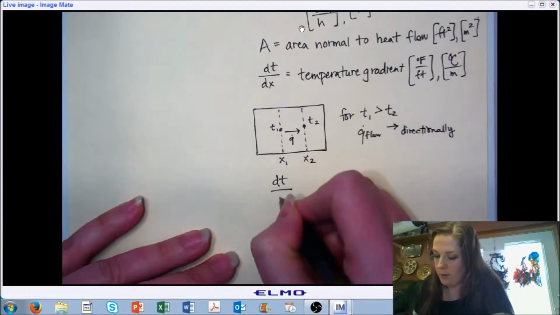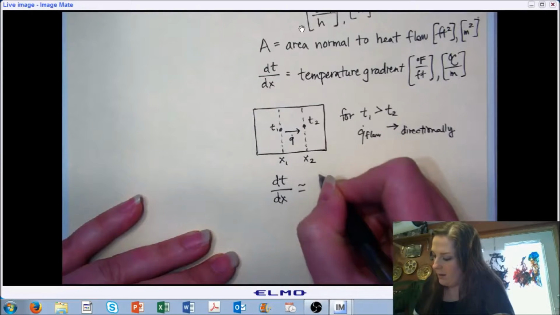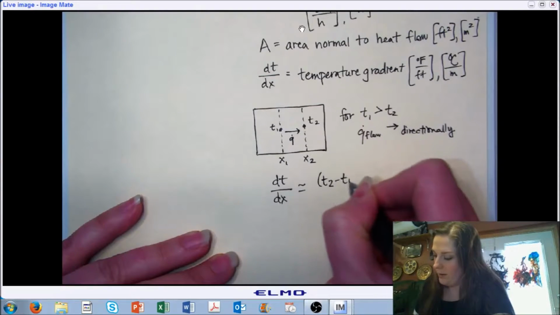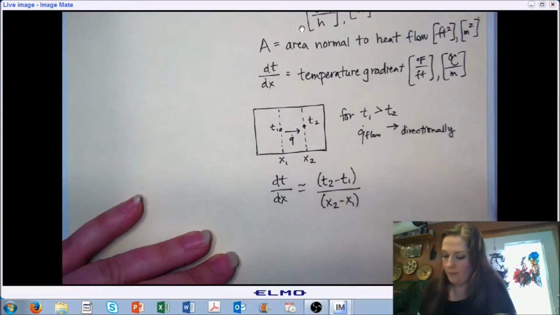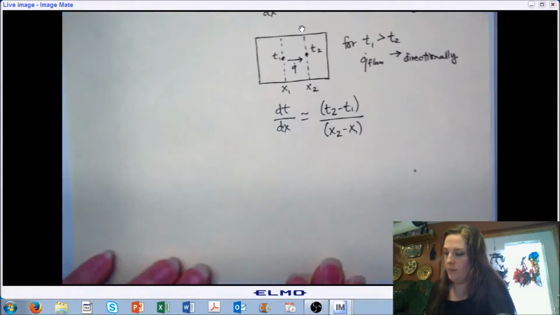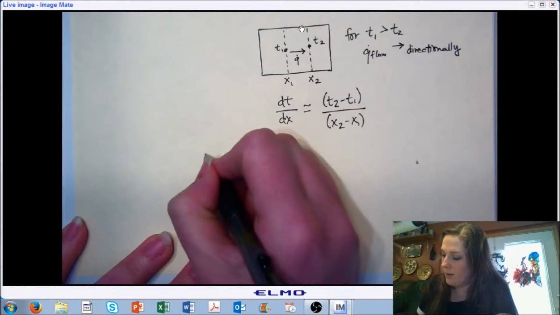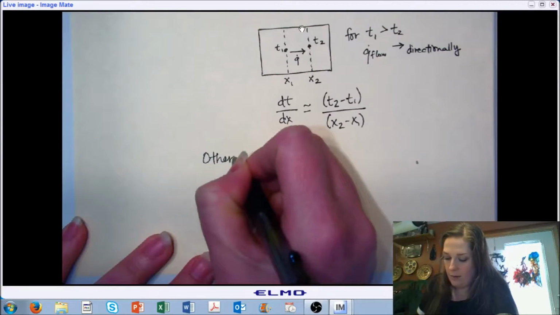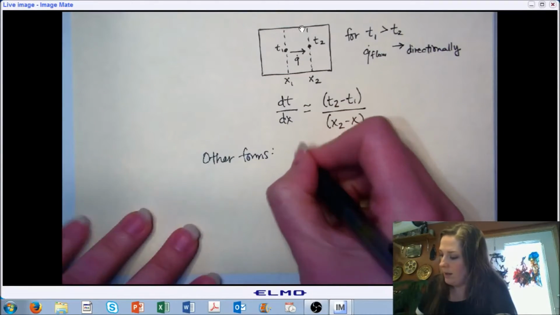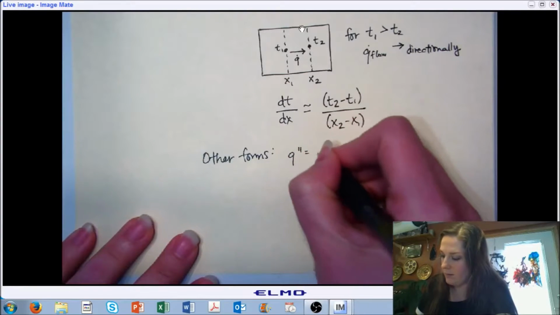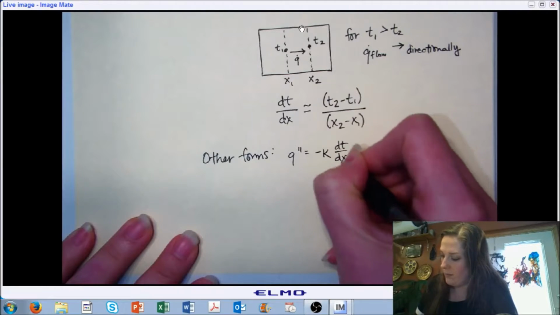So our temperature profile can be represented by T2 minus T1 over X2 minus X1. Other forms of the conduction equation might look like this.